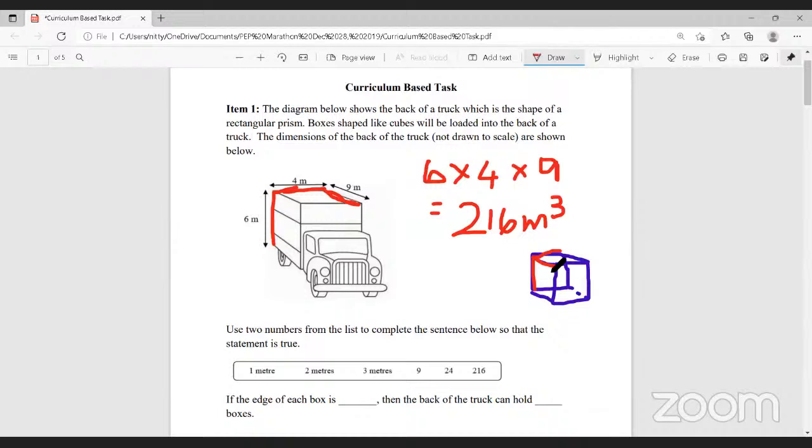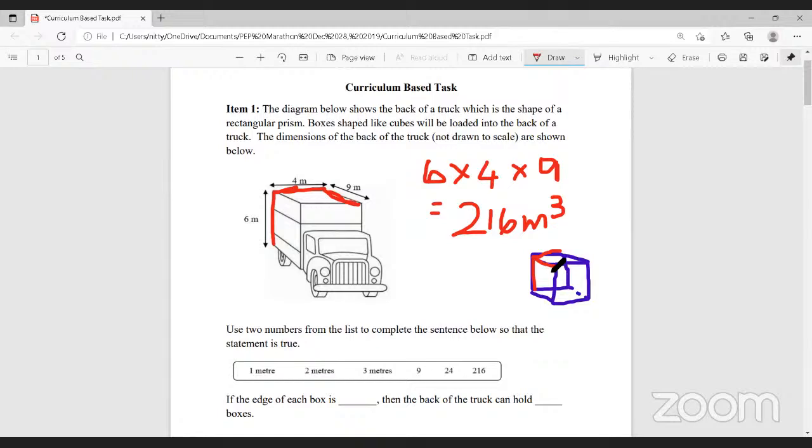Come on, guys. We know that volume is calculated by multiplying 3 dimensions. Dimensions, we basically call them the length, the width, and the height. So length times width times height. We generally name those dimensions that way.